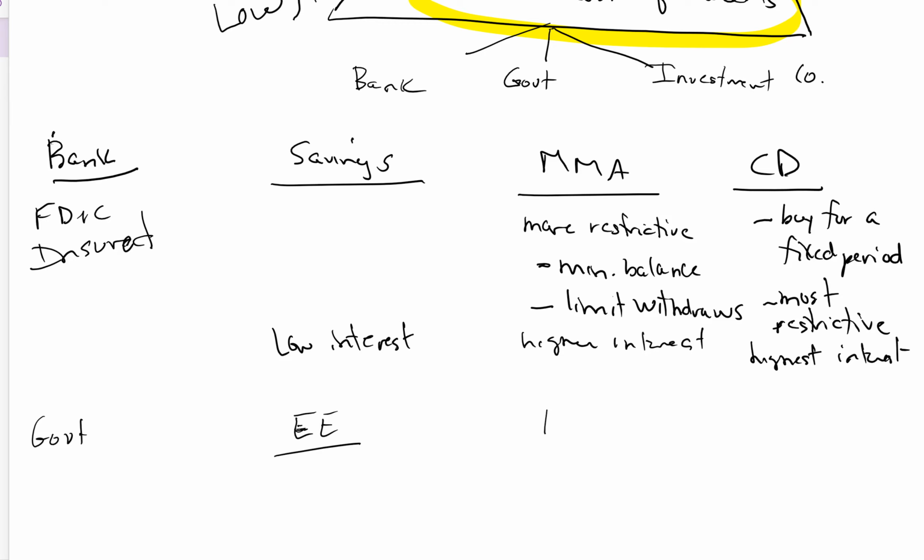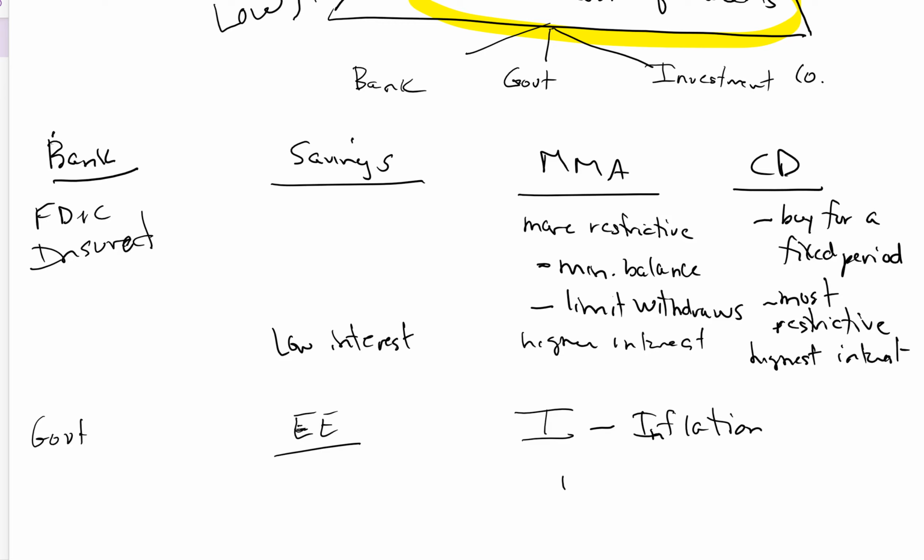And the other type is I, and the I stands for inflation. So an I bond is a type of federal government bond that adjusts the annual interest based on the inflation rate. And we know what inflation is, the general increase in prices.